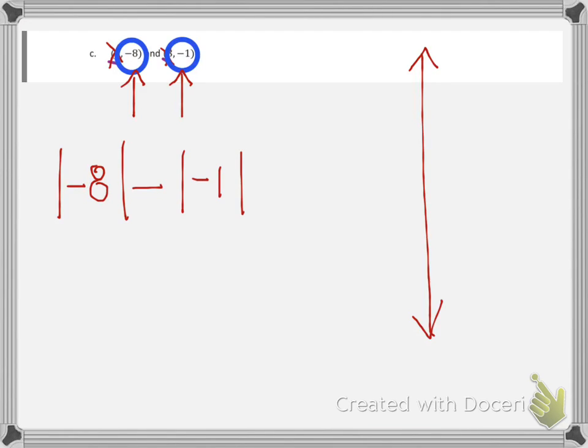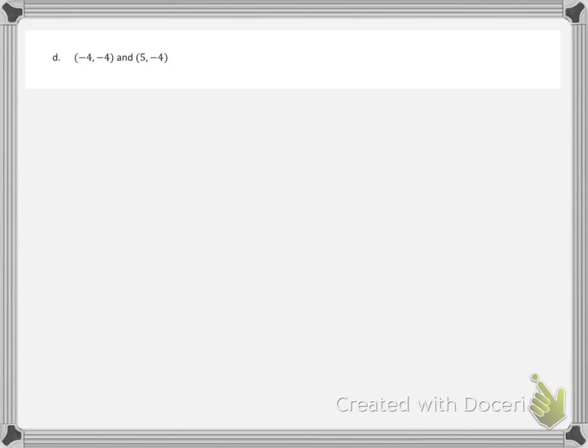And what we're saying here is, how far is -8 from 0? The answer is 8. Minus, how far is -1 from 0? The answer is 1. 8 minus 1 is 7 units. So the distance between these 2 points is 7 units. Okay, one more. Let's take a look at one more.